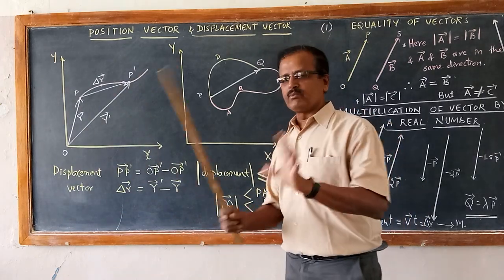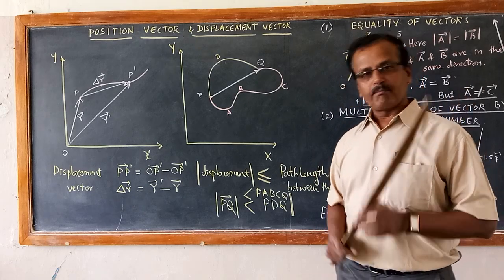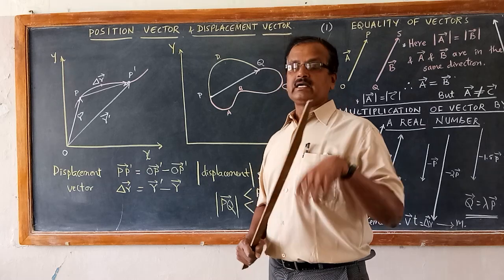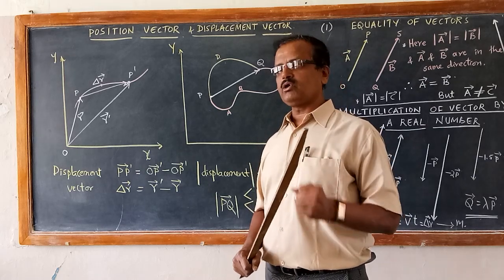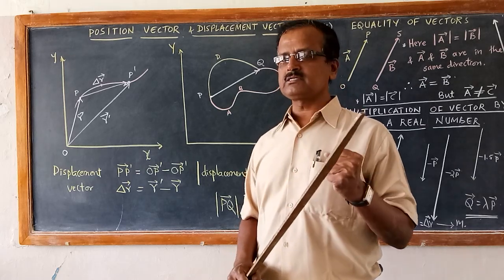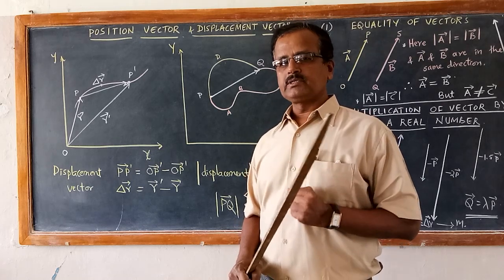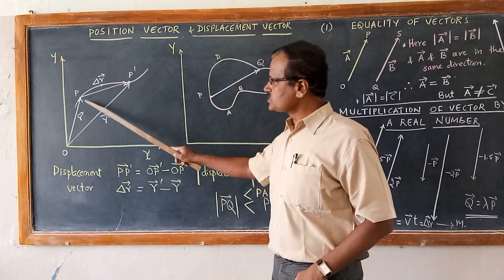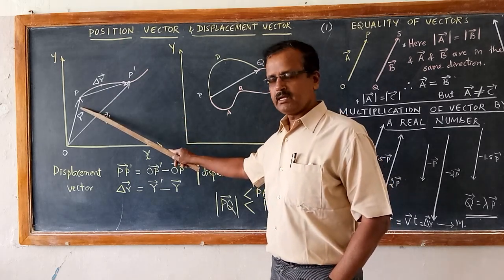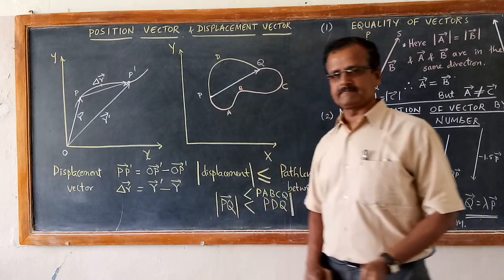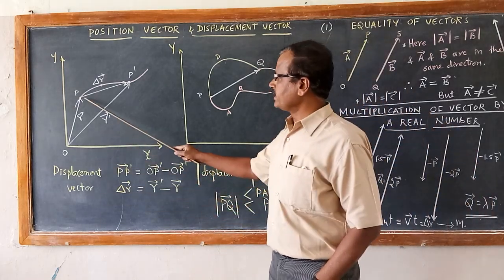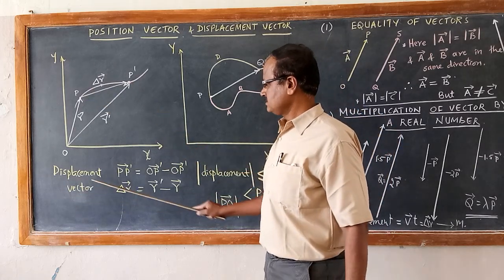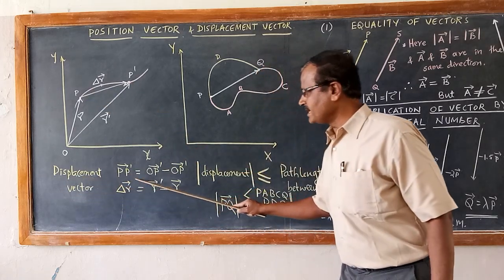Then, if we want to find the displacement, by definition, we know that displacement is the change of position. So the final position vector OP dash minus the initial position vector OP gives us the displacement vector. Look here, the displacement vector from P to P dash is actually PP dash.